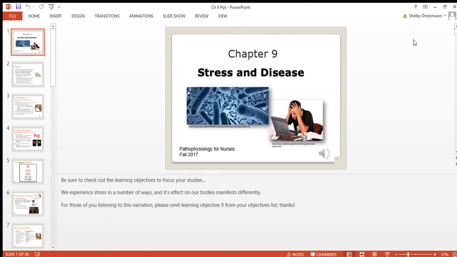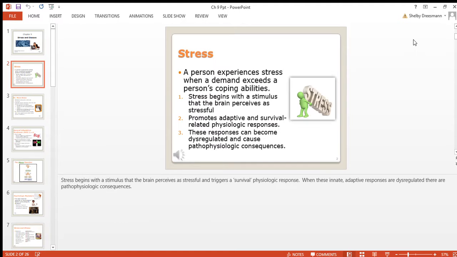So basically, stress and disease. We're all different, so stress impacts us in different ways. Stress begins with a stimulus that the brain perceives as stressful. It triggers a survival response.